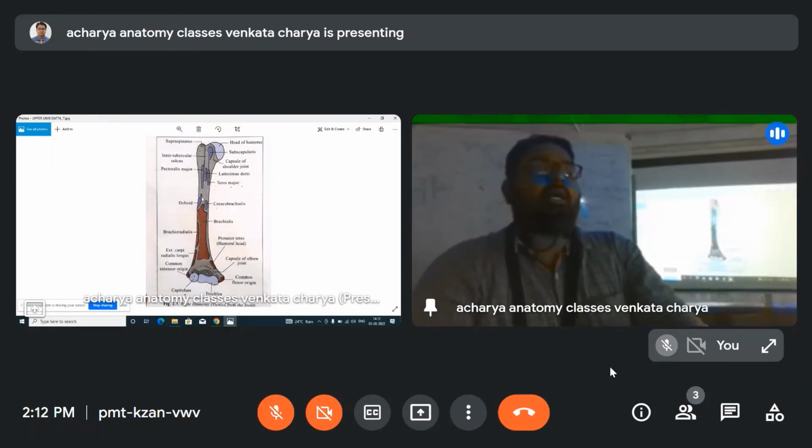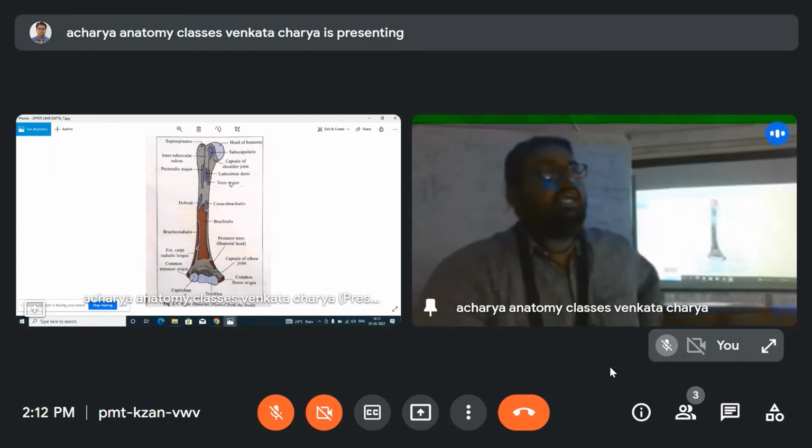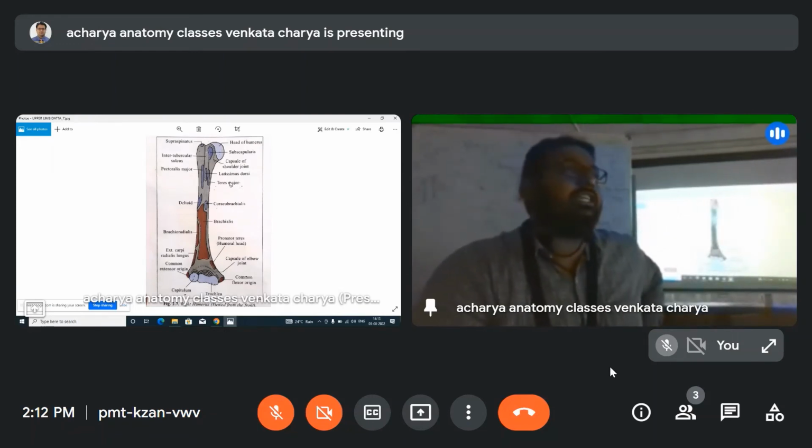Next, come towards the lateral side. Near the lateral border, there is a tuberosity called the deltoid tuberosity. In the deltoid tuberosity, there is an insertion of the deltoid muscle. The deltoid muscle consists of how many fibers? Three types of fibers. Anterior fibers originate from the anterior border of the lateral third of the clavicle.